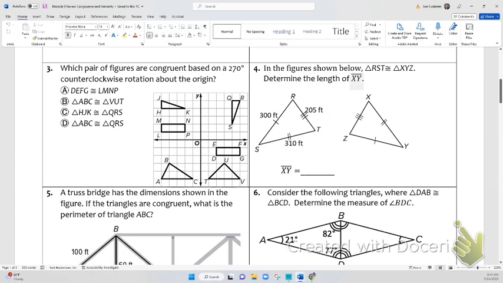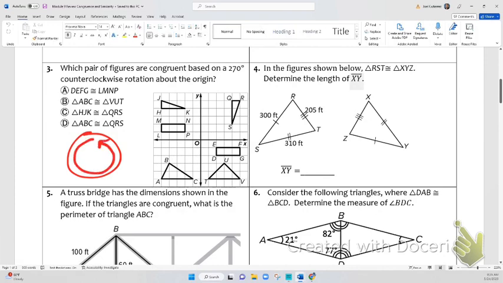For number 3, it says, which pair of figures are congruent based on a 270-degree counterclockwise rotation? So if you take each one of these and do a 270-degree clockwise rotation, remember a clock goes in this direction, just like that, okay? So counterclockwise, of course, would be going the opposite way.